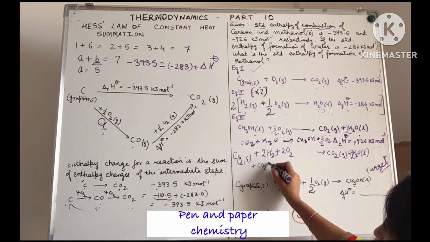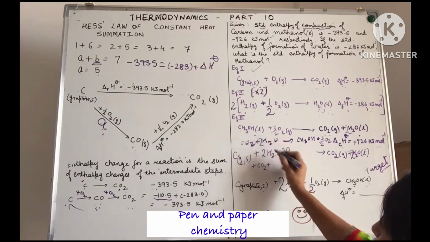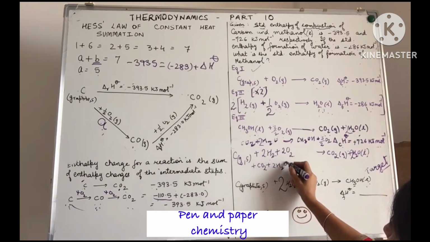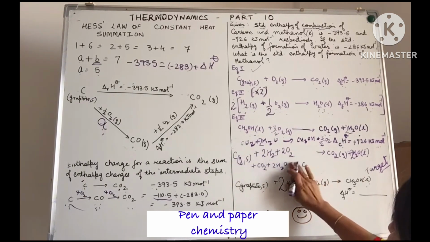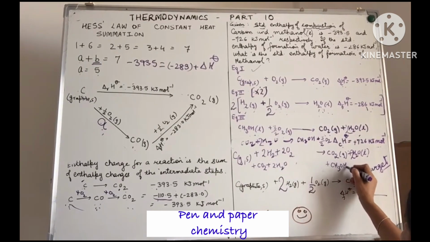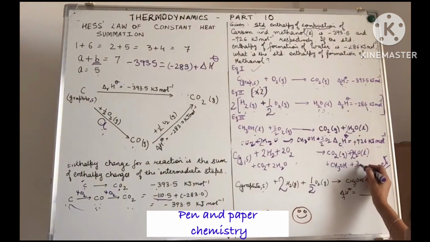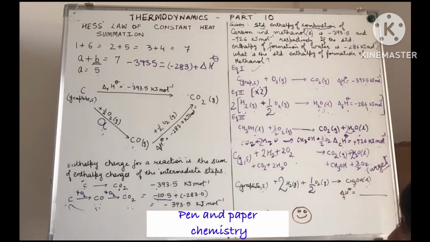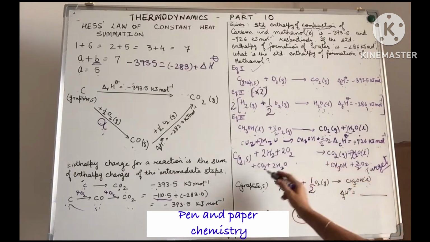So, we get carbon dioxide, we get 2H2O, we get CH3OH on the right hand side. That's a liquid. And 3 by 2 O2. Now, let's see.